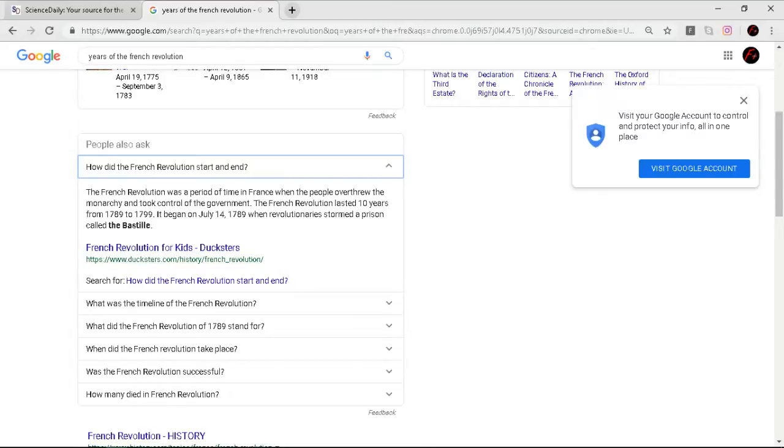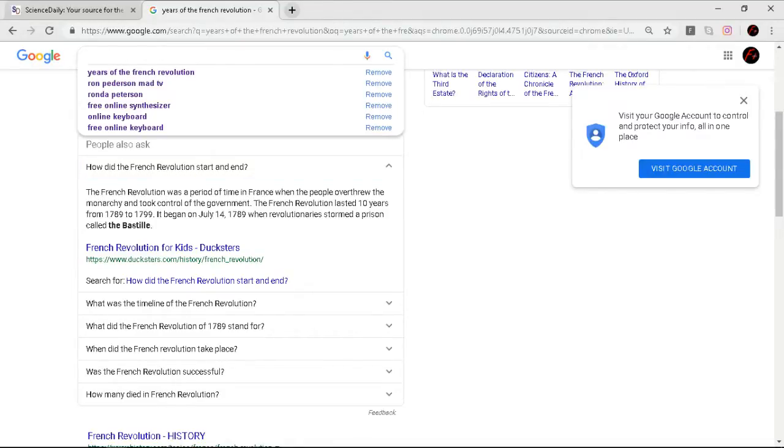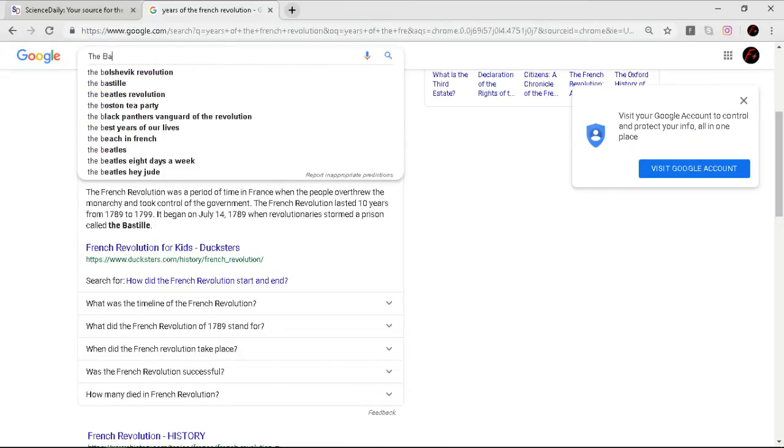Ooh, let's look up the Bastille. The Bastille, two L's.